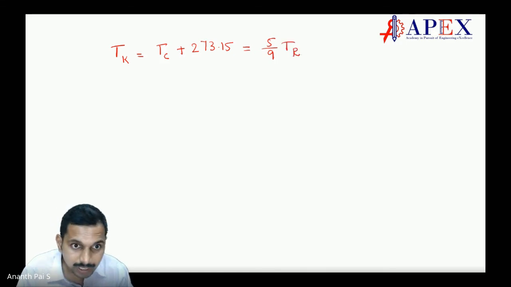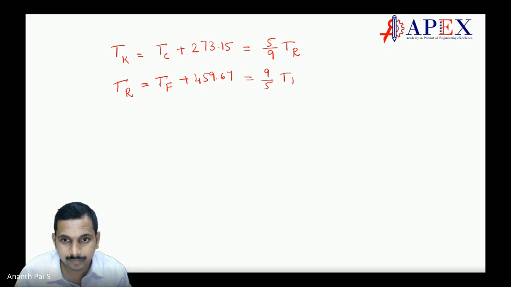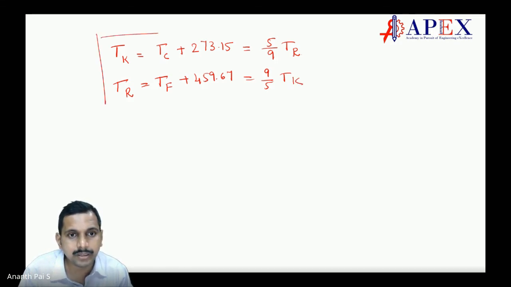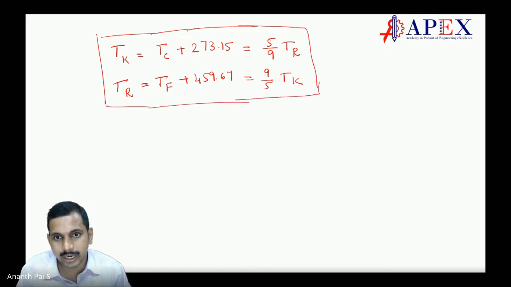And here TR in Rankine is equal to T Fahrenheit plus 459.67, that is equal to 9/5 TK. Very important. Write this down, students. Very important conversion from Kelvin to degree centigrade, Kelvin to Rankine, Rankine to Kelvin.